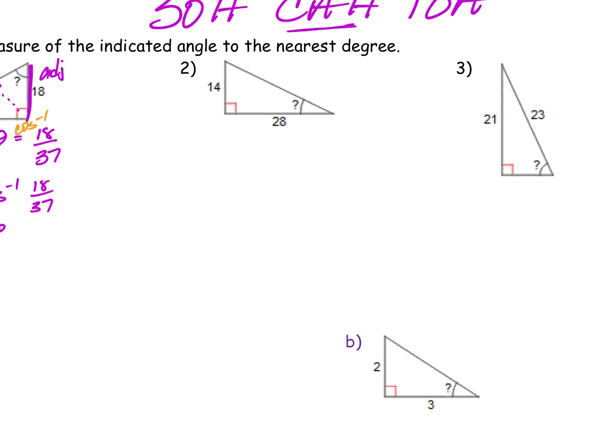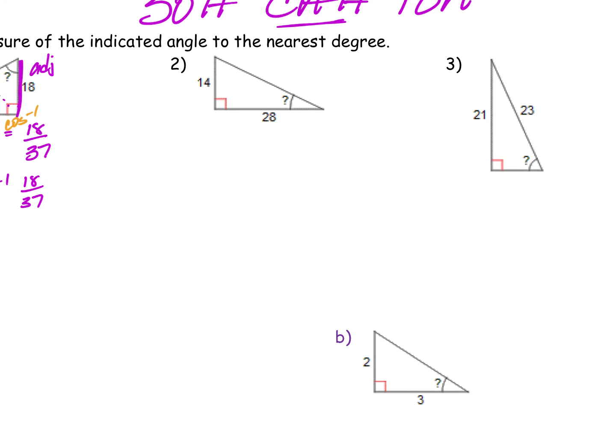Number 2, here's my angle. And I have my side adjacent because it's making the angle. And I have my side opposite. That means I'm going to use TOA this time. So tangent of theta is going to equal 14 over 28.